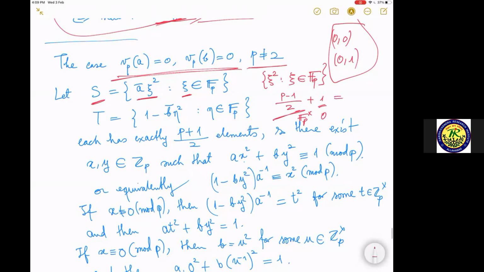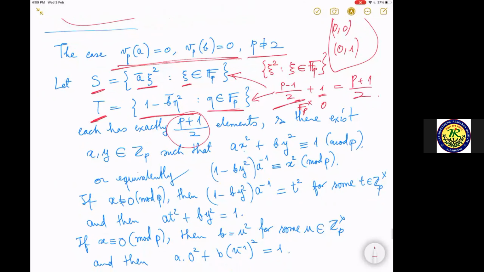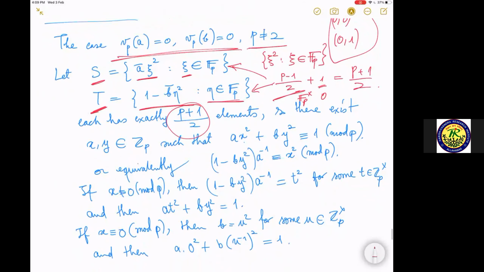So this is equal to (p plus 1) by 2. So that's the number of elements in this set. And if I look at the set T, which is 1 minus b bar eta squared, where eta is also in Fp, then it has the same number of elements. So each of them has exactly (p plus 1) by 2 elements.